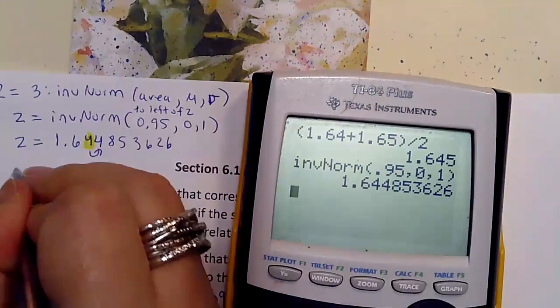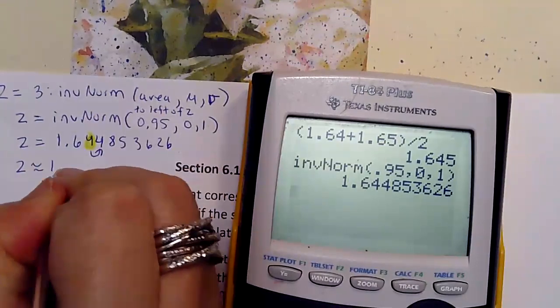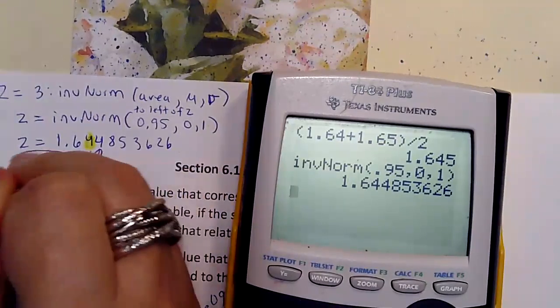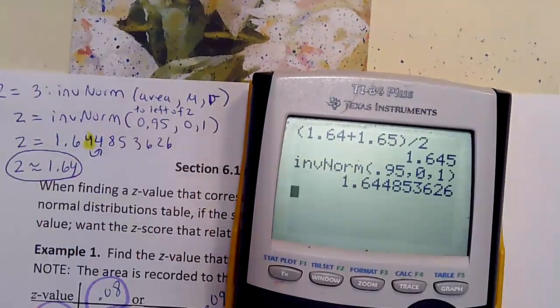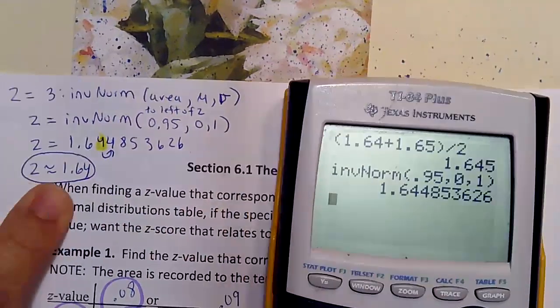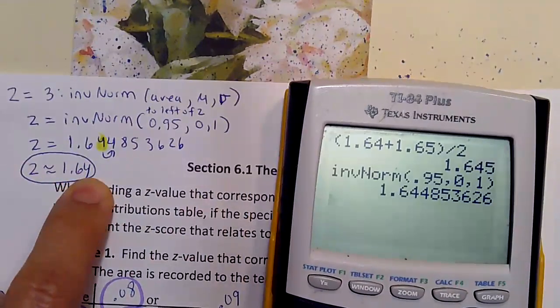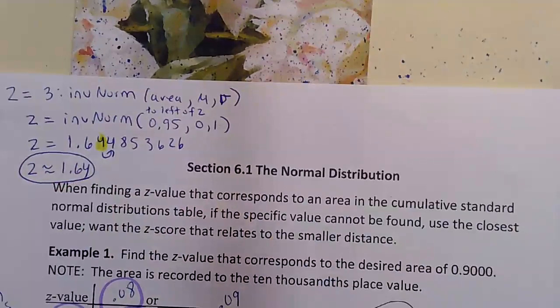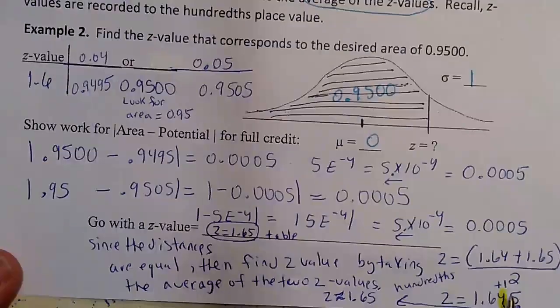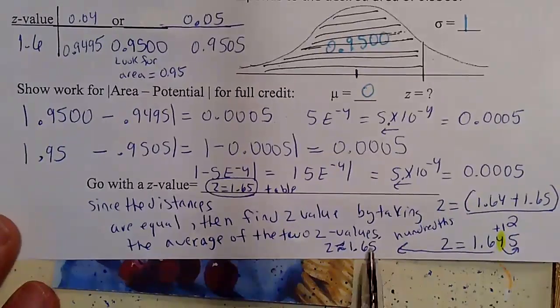No. So we have 1.64. So you see here how the calculator gives you a different last decimal place, whereas our table, or doing the average, went with 1.65.